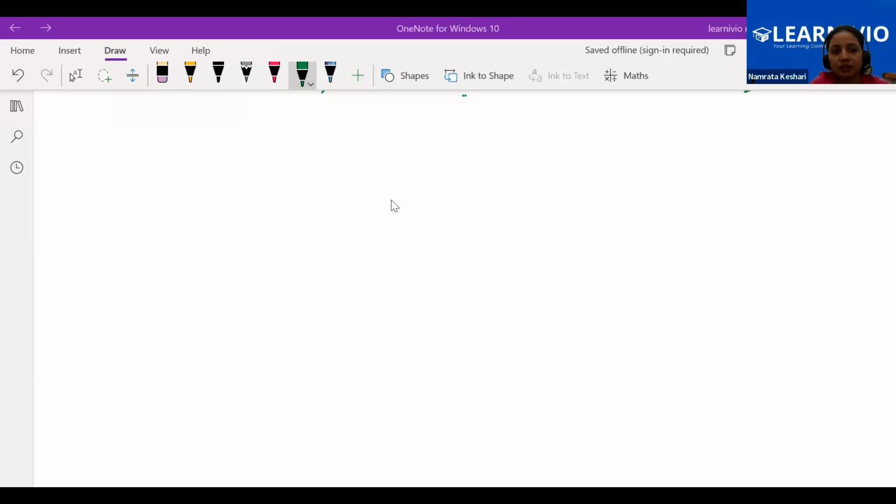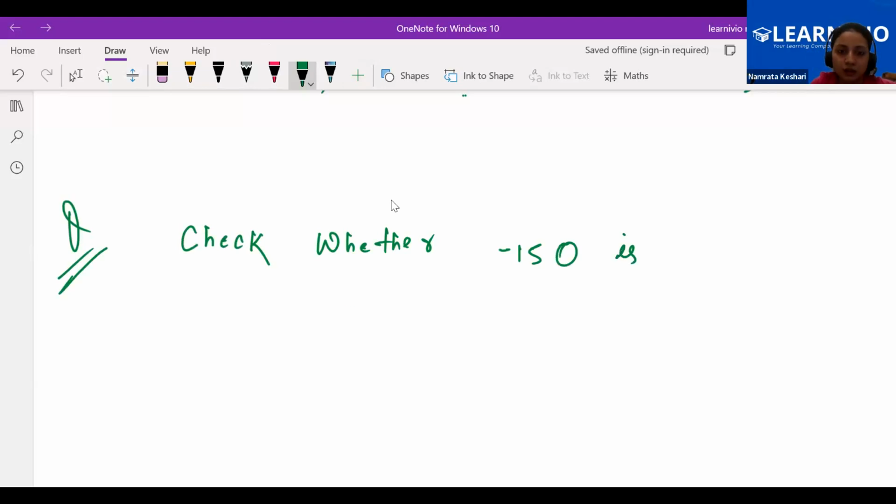Yeah, let's say this is the question. Check whether minus 150 is a term of the AP.